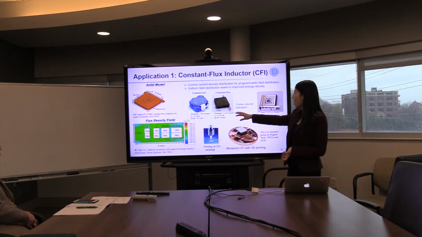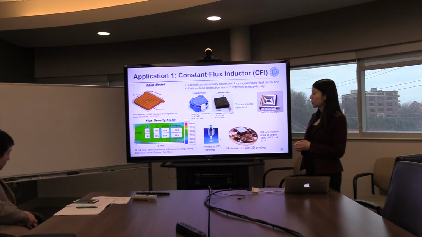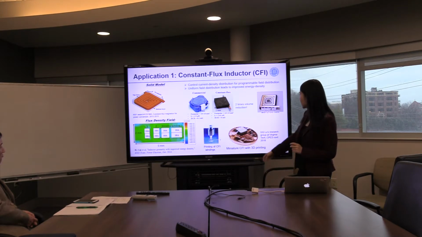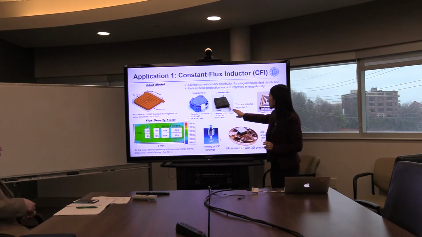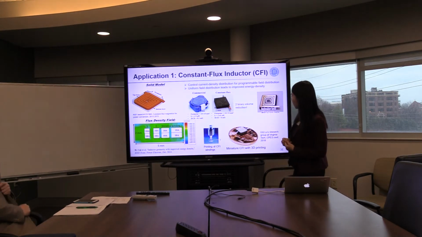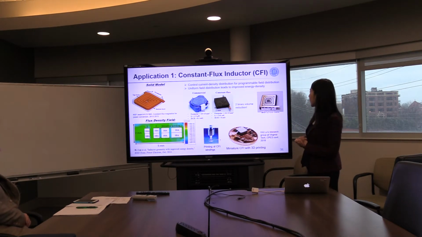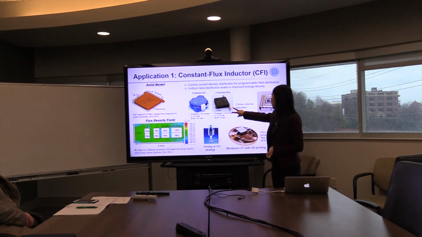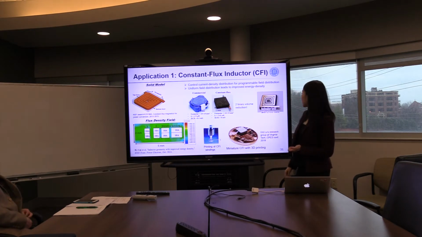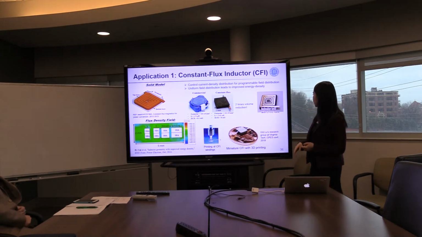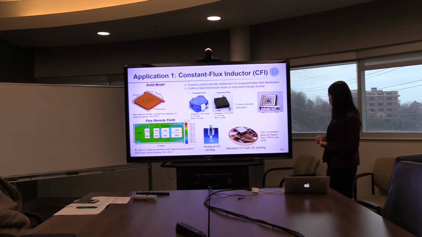For example, if we have a uniform field distribution, then we can greatly reduce the size of a magnetic component. This picture shows the fabricated prototype compared to a commercial counterpart with similar ratings, and it shows a 2 times reduction of the volume. And this picture shows this inductor made with an LTCC core.